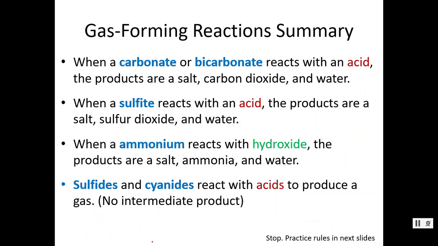We will practice using those rules in the next video when we predict the balanced molecular equation for 4 gas evolution reactions. So I would encourage you, before listening to the entire next video, to try those 4 examples on your own. We will go over them and the answers in the next video.